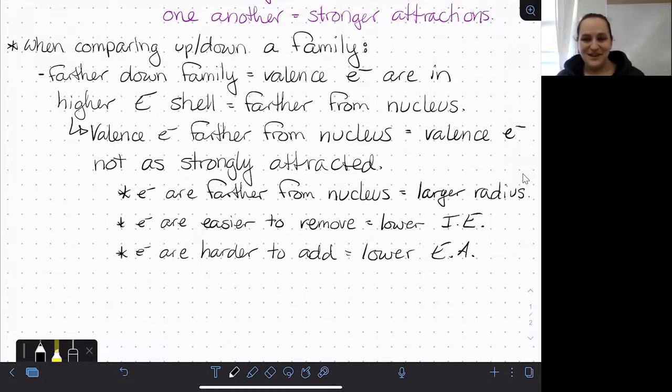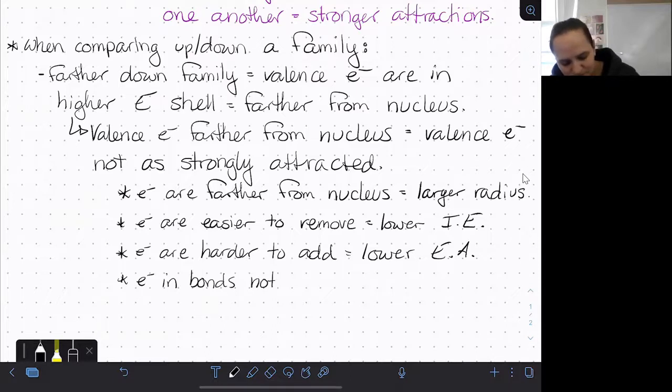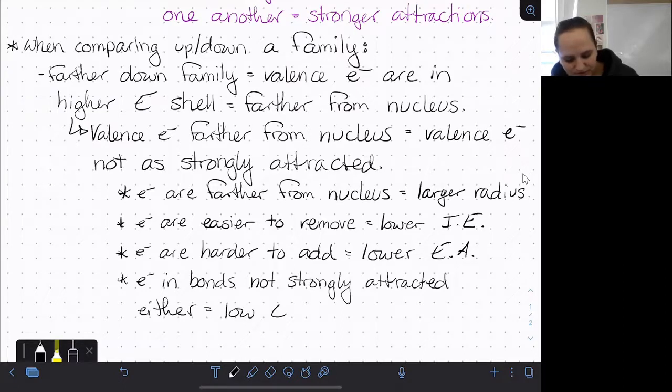And again, if it's not very strongly attracted to the electrons it already has, it's not going to be strongly attracted to any electrons that may be available via bonding, which leads us to the low electronegativity that we see near the bottom of the periodic table.